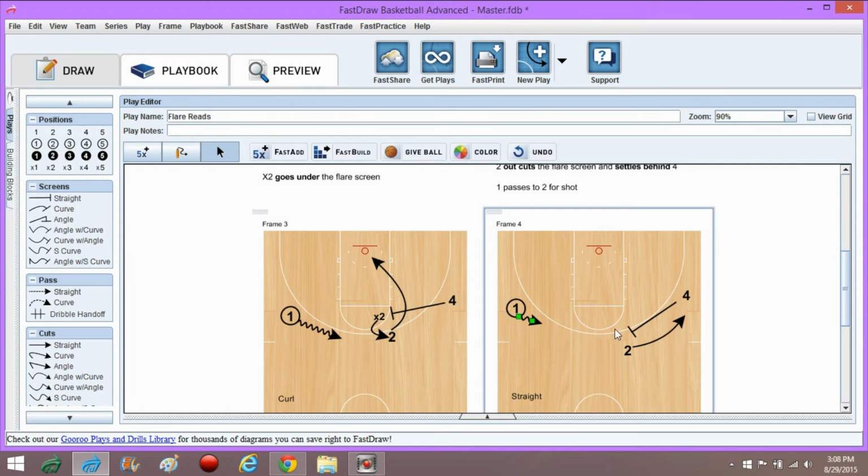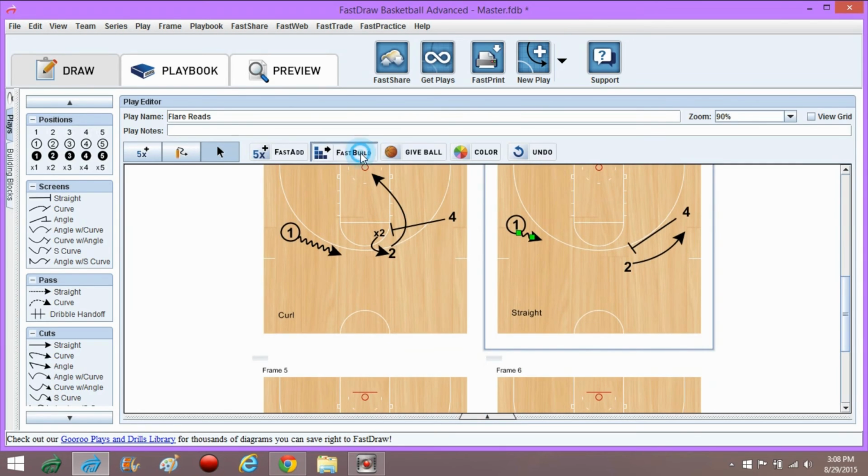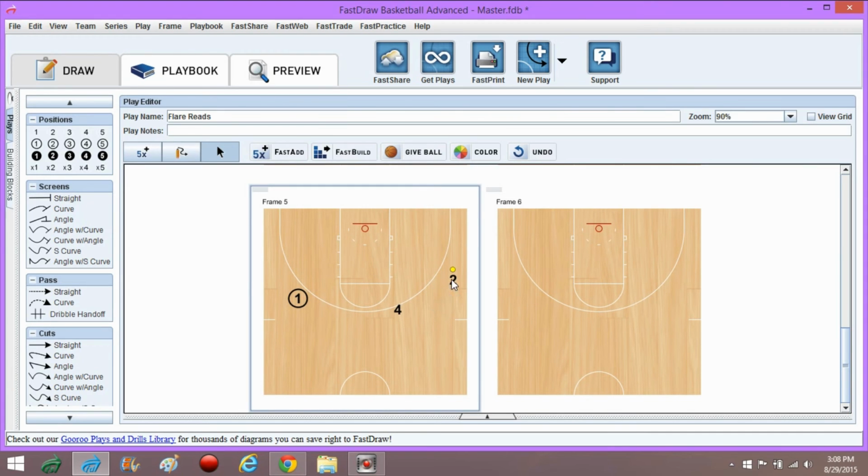So 4 has already set the screen. And 4 then makes their second cut to the top. And now, along about this time, 1 is actually bringing it to the action. So the second cut I would want 4 to make would be a rescreen, where now they come to the realization that the flare screen wasn't timed with the arrival of the ball.